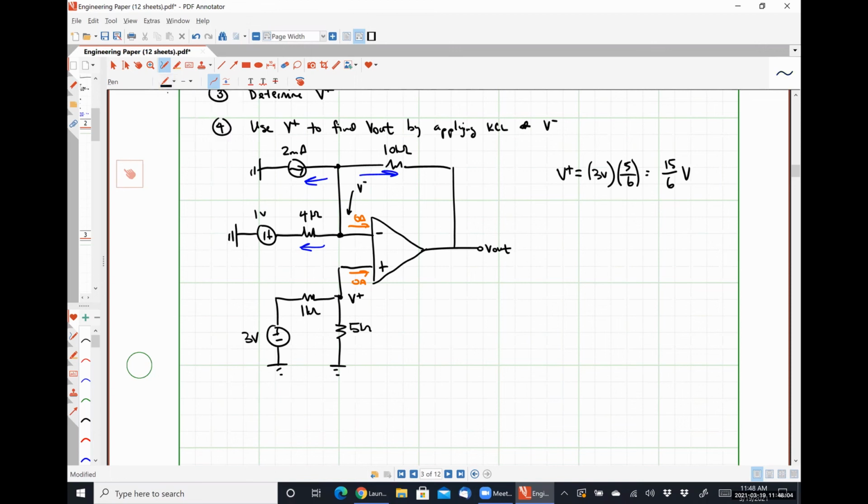So that is going to give me 15/6 of a volt minus 1 volt over 4 kiloohms minus 2 milliamps plus 15/6 of a volt minus V out divided by 10 kiloohms equal to 0.